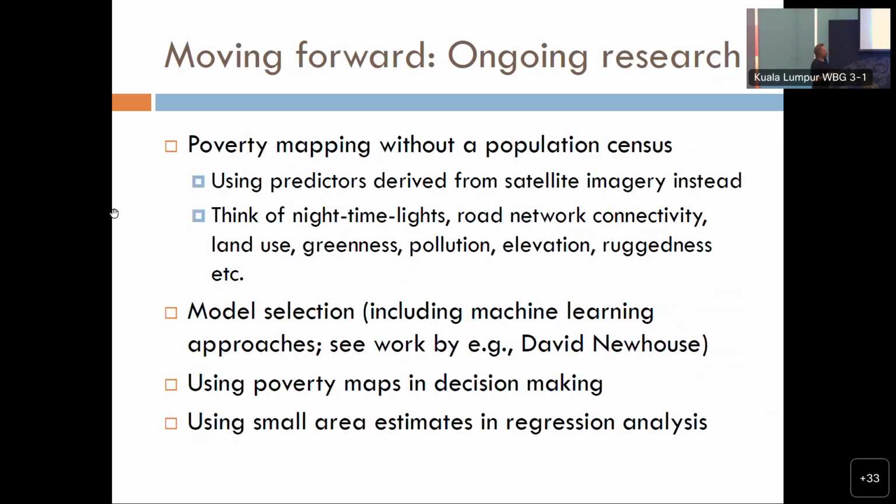Moving forward, this is a closer look at a slide from the first PowerPoint. As I indicated, population census data is a precious resource. It is also infrequent. Most countries conduct a population census once every 10 years or so. So even if you're able to get your hands on it, you can only do this exercise once every 10 years. The typical value chain is that the statistical office conducts the census, and it takes an enormous amount of time to process and clean this data.